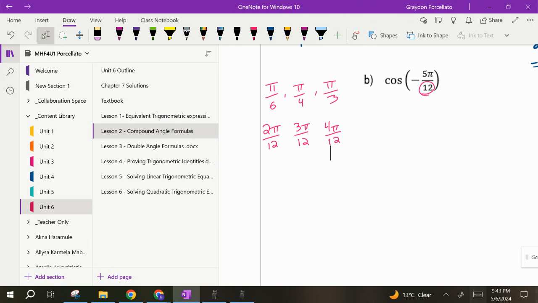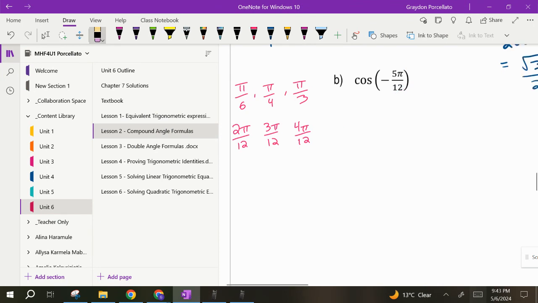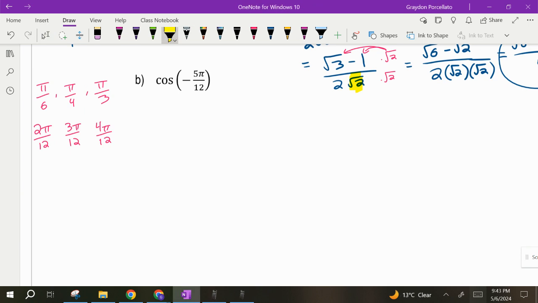And notice here that what we're doing is we're looking at the cos of negative 5 pi over 12. And I thought, well, let me go check our equivalent expressions from yesterday. Because I think there's something that said that the cos of an angle A is equal to the cos of negative A. And I think that has something to do with the cos function being an even function.